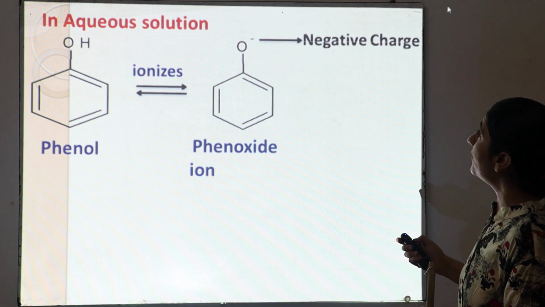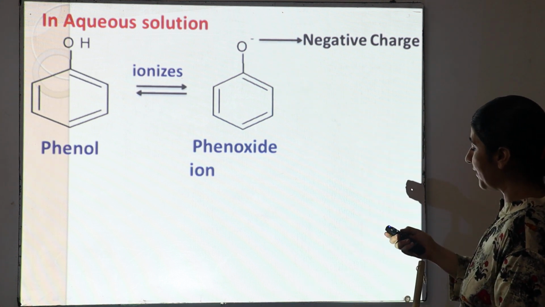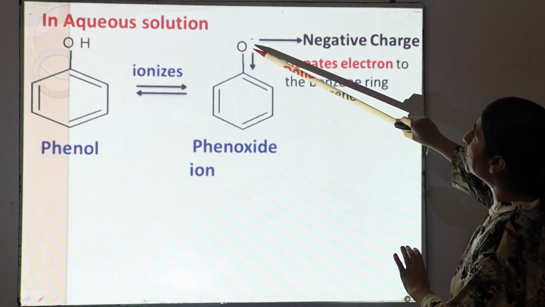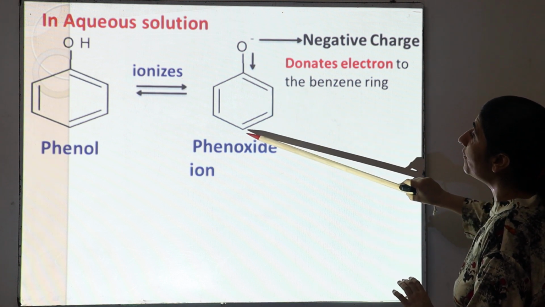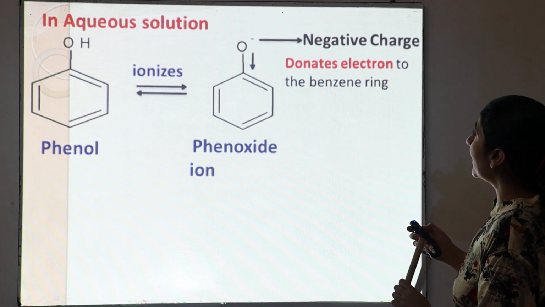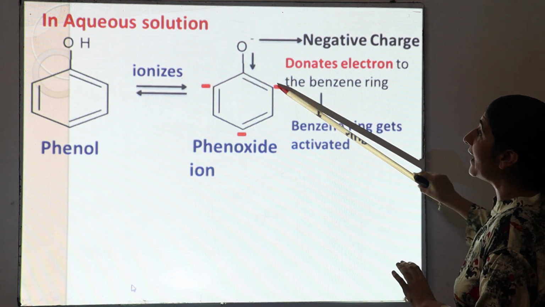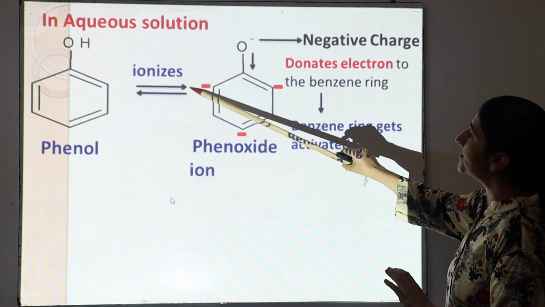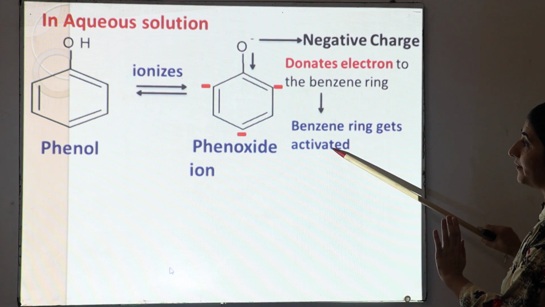Due to this negative charge, the oxygen donates electrons toward the benzene ring, so the electron density is much higher at the ortho and para positions. So the benzene ring gets more activated.